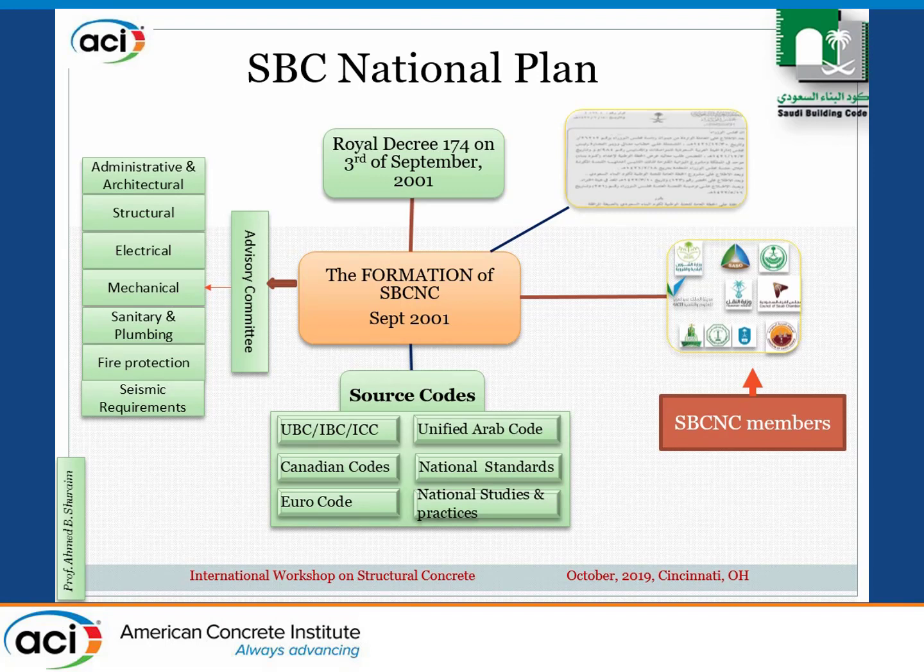The National Committee itself is comprised of many different players in Saudi Arabia, for example the municipality ministry and the fire department, which is the civil defense. At that time it was composed of 11 or 12 national entities, which makes it easier to communicate, and you don't need to think later about who is doing what.